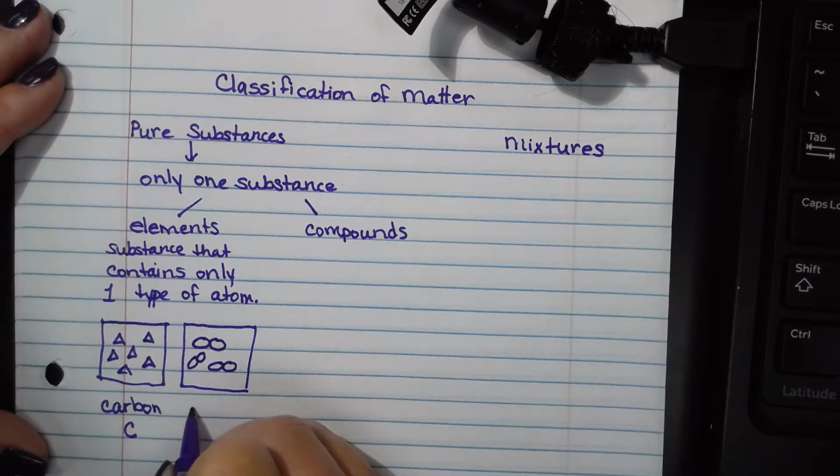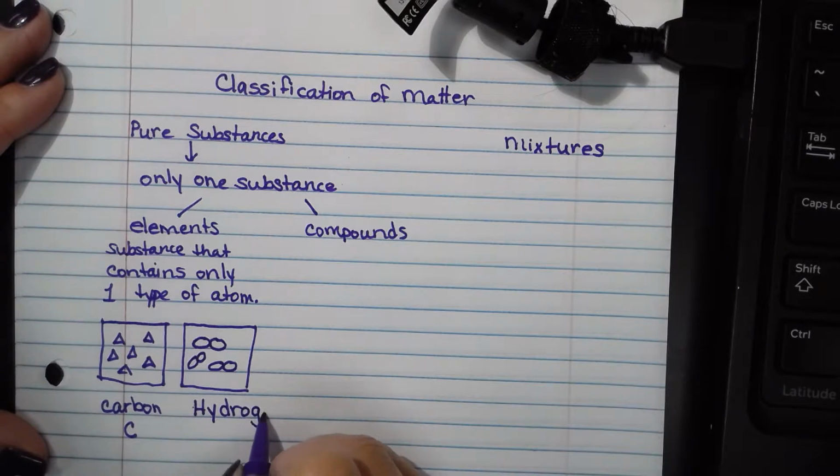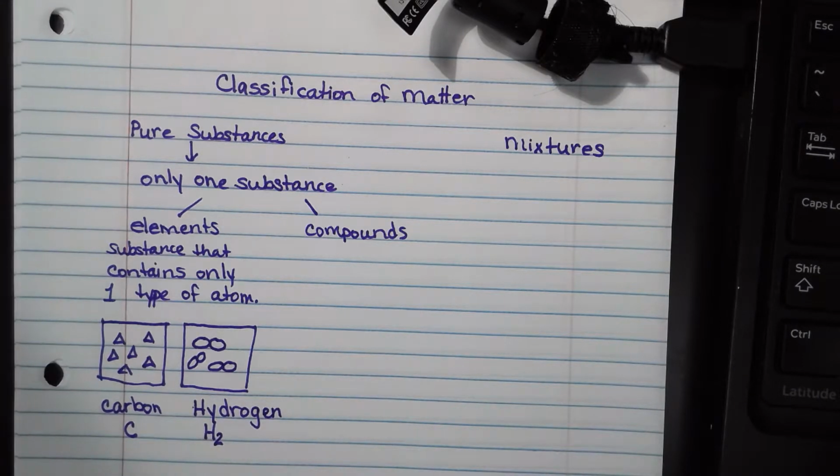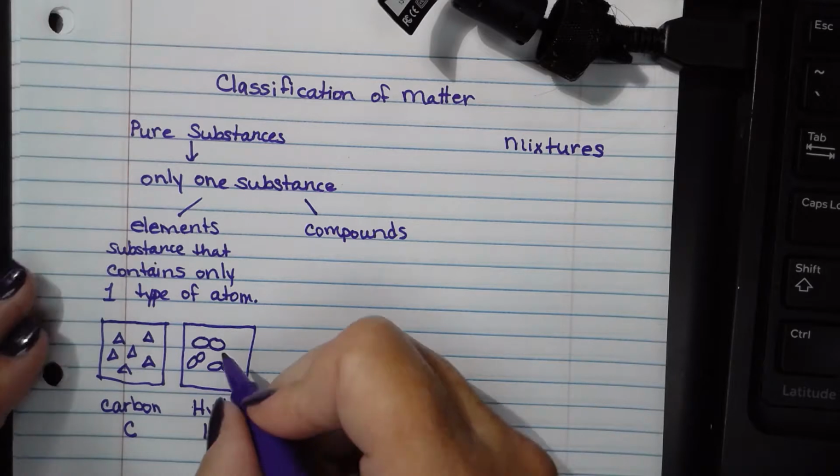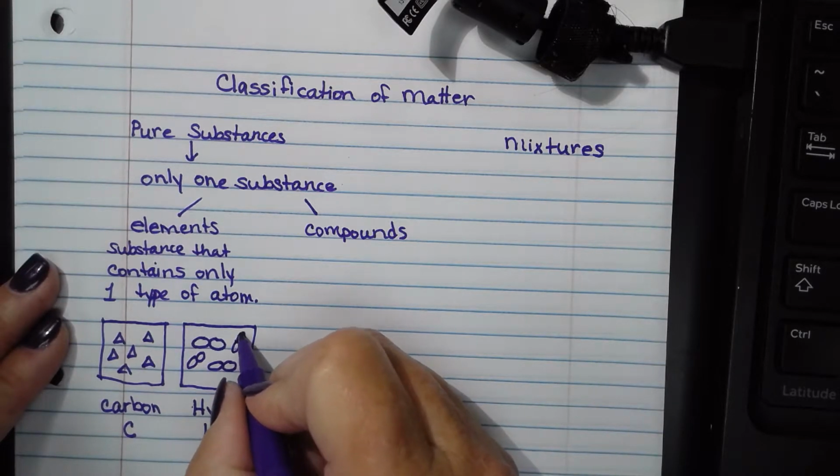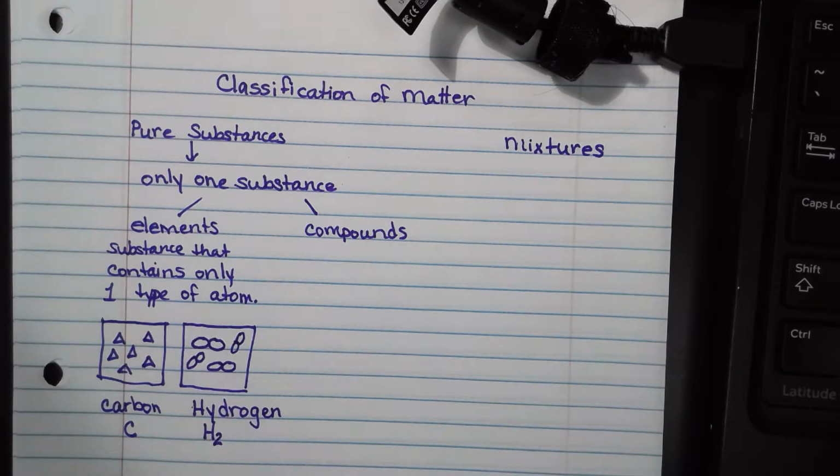An example of this would be hydrogen. When we write the formula for hydrogen, we represent it as H2. This little 2 means there are two hydrogen atoms, which we represent up here. Each oval shape is a single hydrogen. So that's elements.